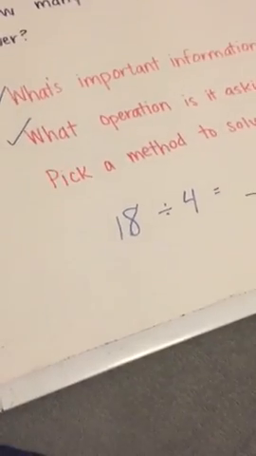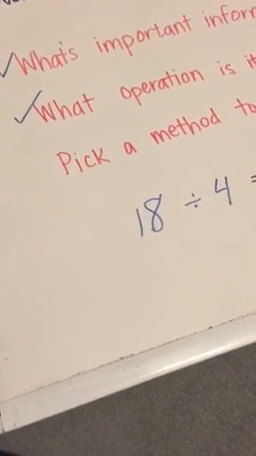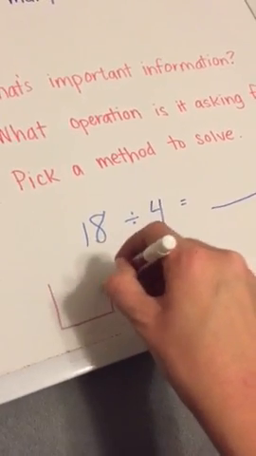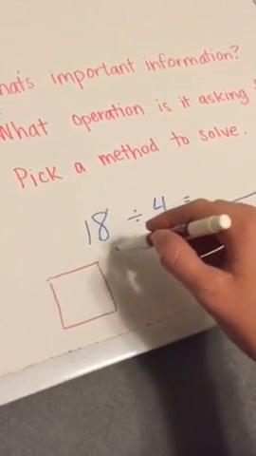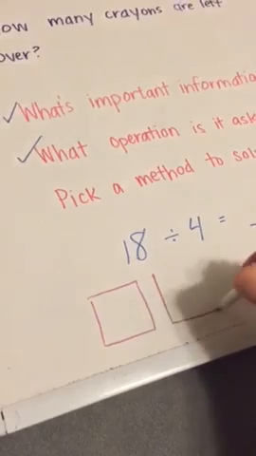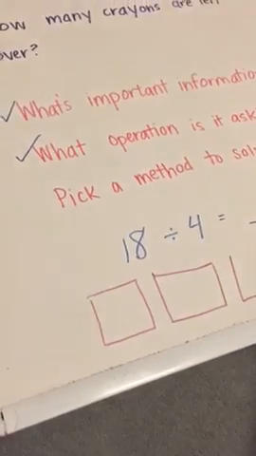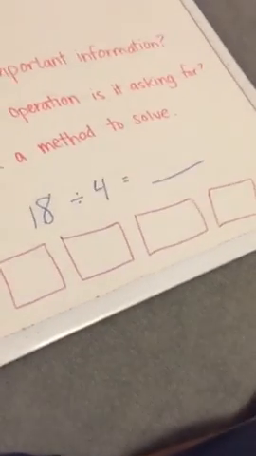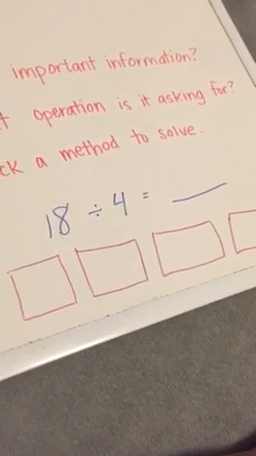So you and your mom had the right idea of picking 4 boxes. Okay, I'm trying to draw and look through the camera, so these aren't the best boxes, and they're not equal boxes, I'm aware, but that's okay. So there's our 4 boxes.